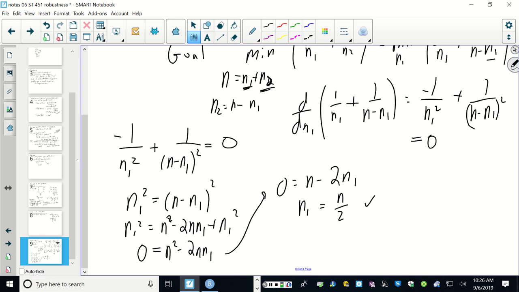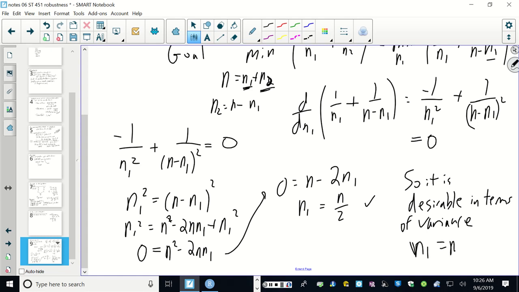So if the variances are equal, it would be desirable in terms of the variance and accuracy of the statistic to split them in half. So it is desirable, in terms of variance, that n1 equals n2.